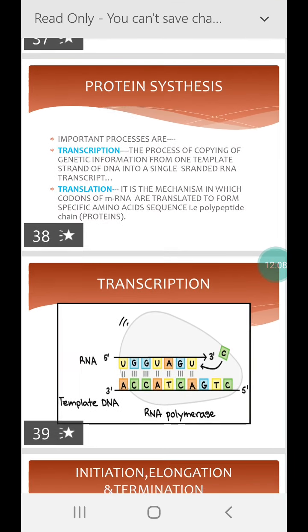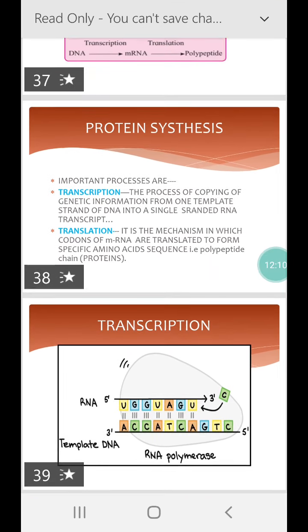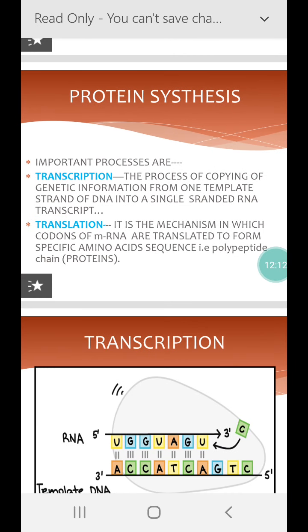Now, protein synthesis. It consists of mainly two important processes. First is transcription, the process of copying genetic information from one strand, the template strand of DNA, into a single stranded RNA transcript.